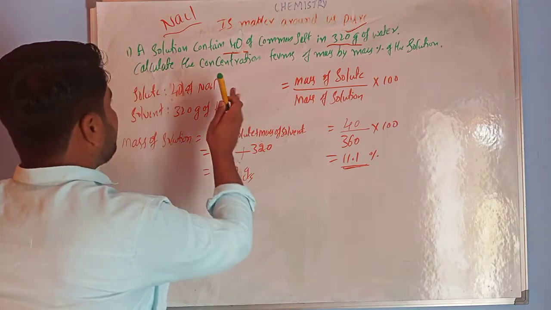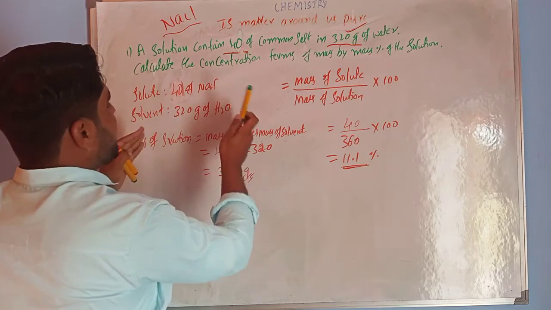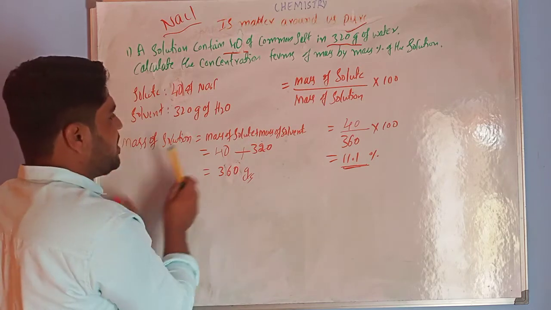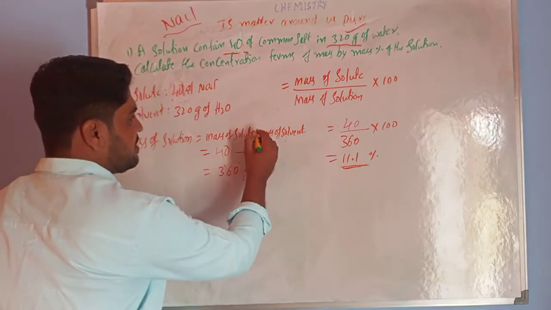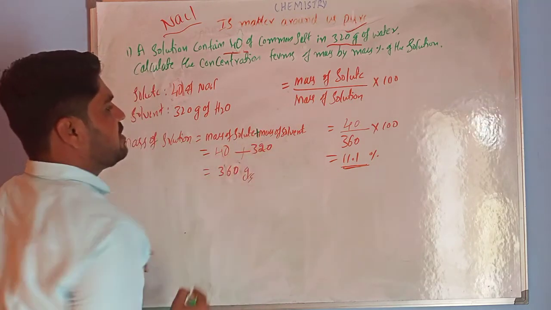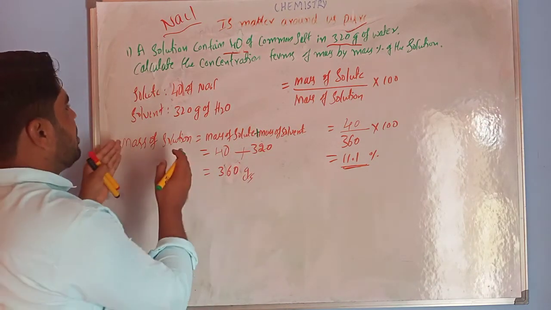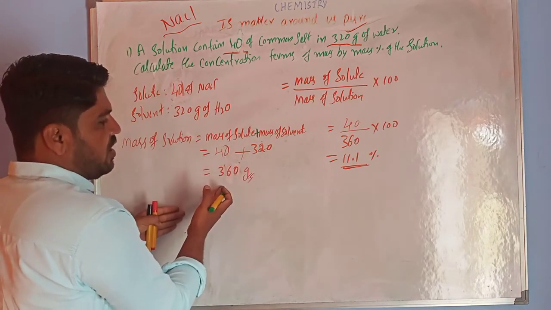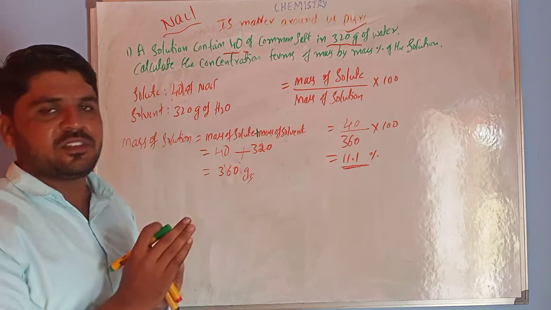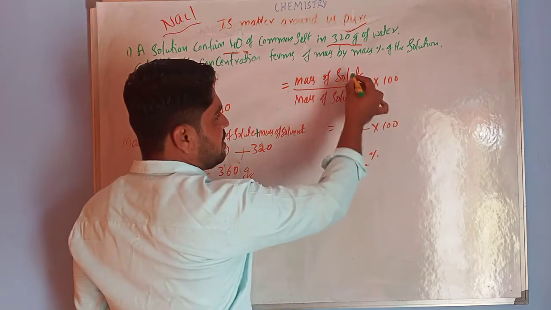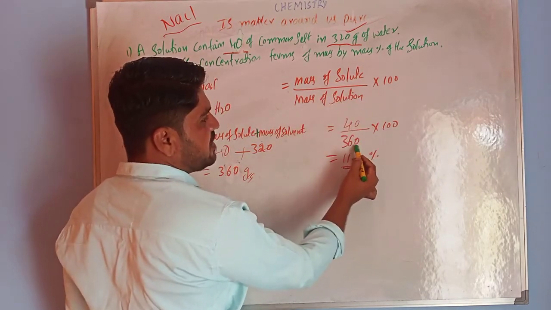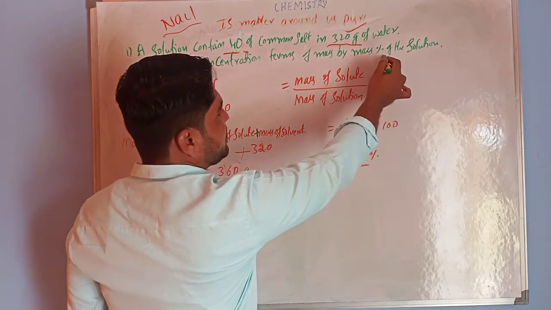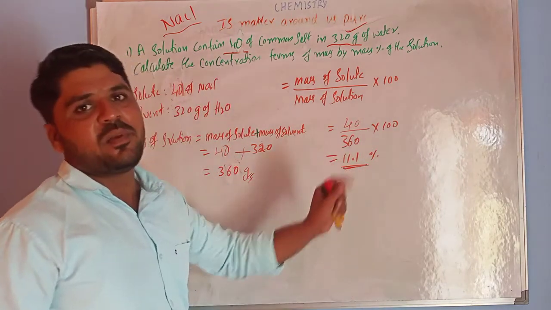Then identify the mass of solution, which is mass of solute plus mass of solvent: 40 grams plus 320 grams, so 360 grams of solution. Mass of solute 40 and mass of solution 360, into 100, we get the answer 11.1. Because it is a percentage, the answer is in percentage.